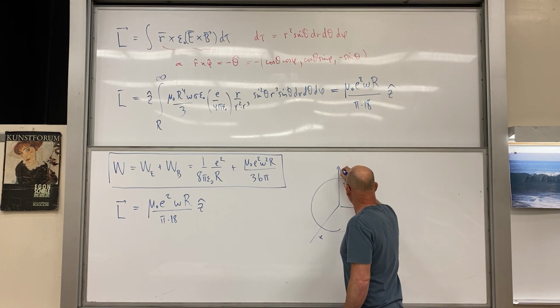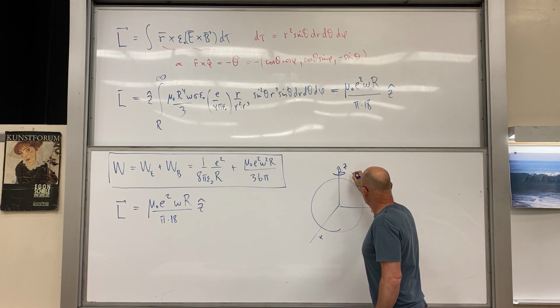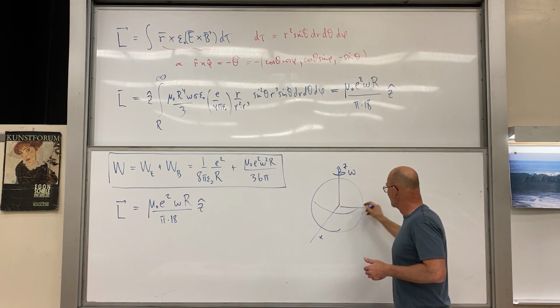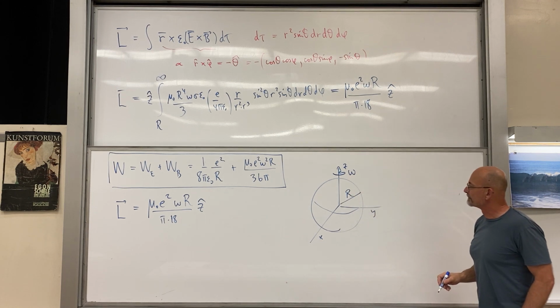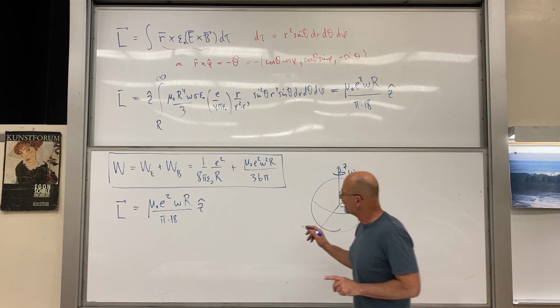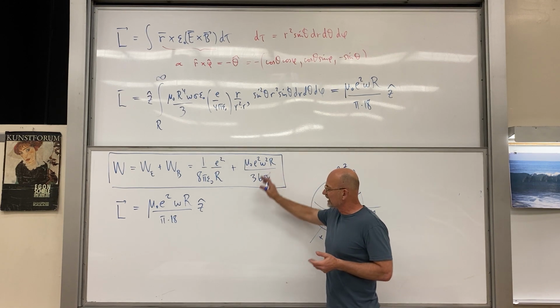X, Y, Z. The omega refers to that rotational orientation, and the radius here is capital R.